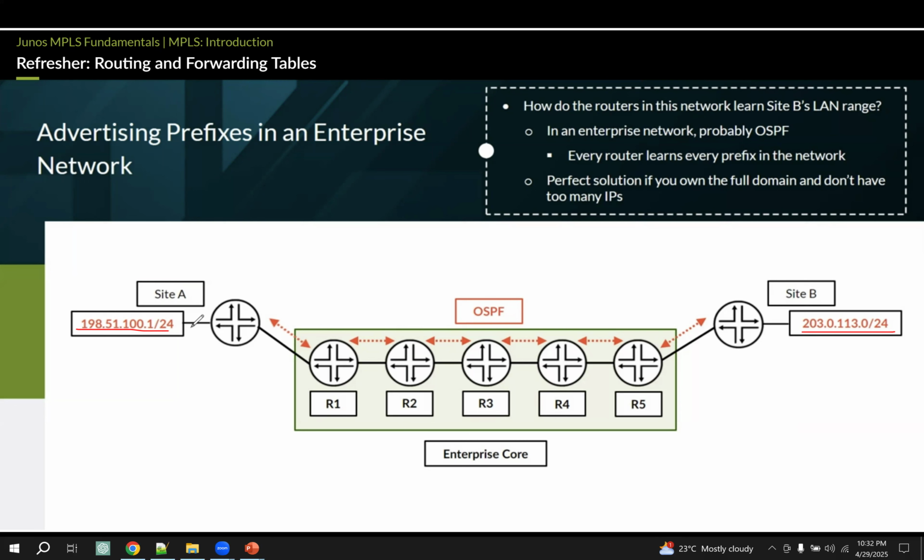If you add this prefix in this router in the OSPF routing domain, this prefix is automatically advertised through this enterprise core to site B. Similarly, you can add this prefix in the site B router, and it is automatically advertised through OSPF to the other router. This is a normal advertising process.